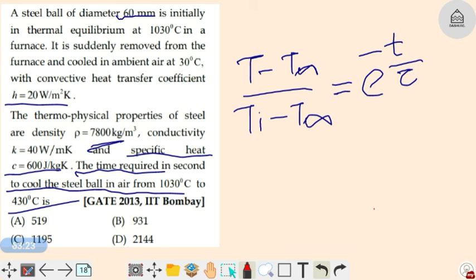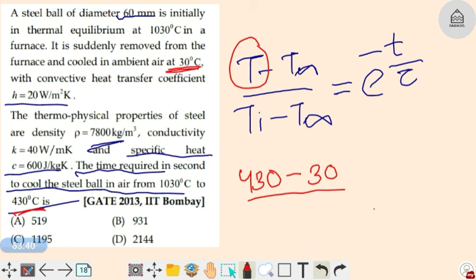The final temperature is given, that is 430 degrees Celsius. 430 minus T infinity, T infinity is 30 degrees. Initial temperature 1030 minus 30 is equal to e to the power minus the time I need to find out divided by tau, that is 2340.